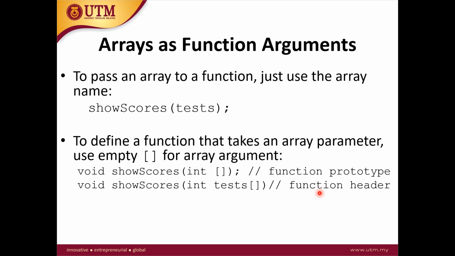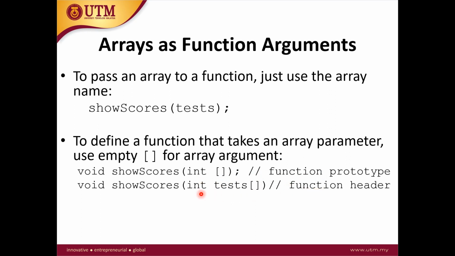How to pass an array to a function, or how the functions are working with the arrays. In order to apply a function to an array, we just write down the name of the array. So if this test is an array, when we are applying that function, so shows cause of that array, we just mention the name of the array. But in order to define the prototype, we need to just write down empty brackets of integer type.